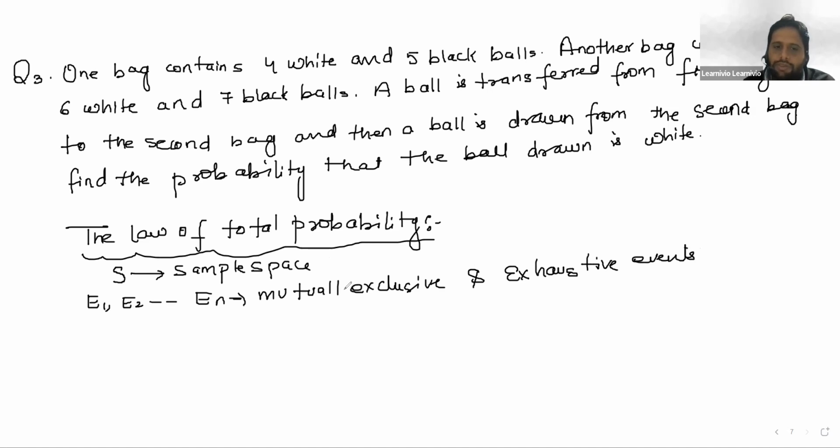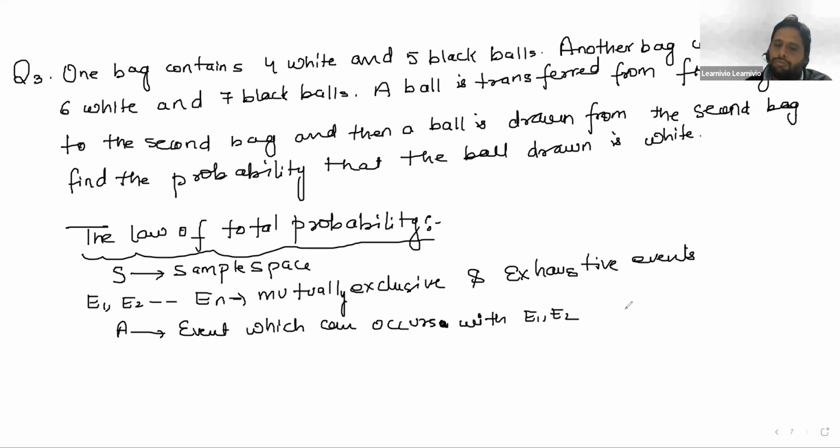Nabil, what are mutually exclusive and exhaustive events? They don't have anything in common, but all of them take up the full sample space. Yes, that's correct. Next, let A be an event which can occur with E1, E2, and so on up to En.